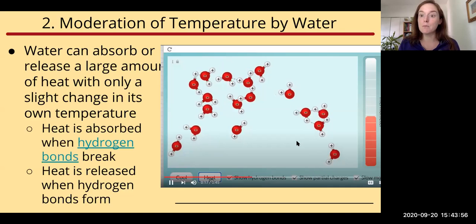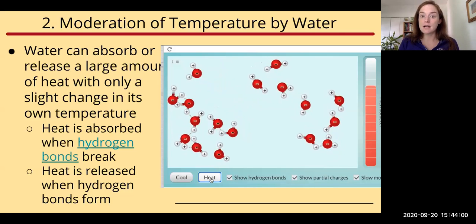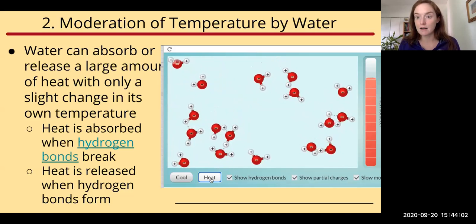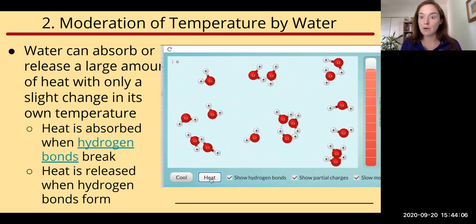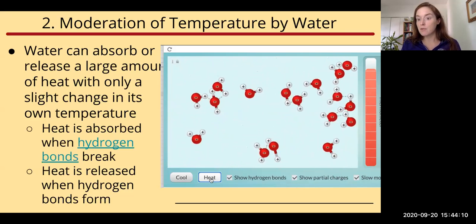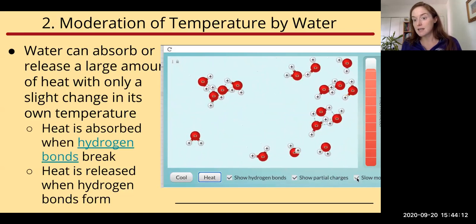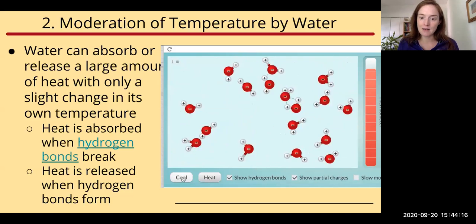And so it takes more energy to raise the temperature of water than it does to raise the temperature of air, or oil, or other non-polar substances. It takes much more energy to get water, let's say, from a liquid state to a gas state.